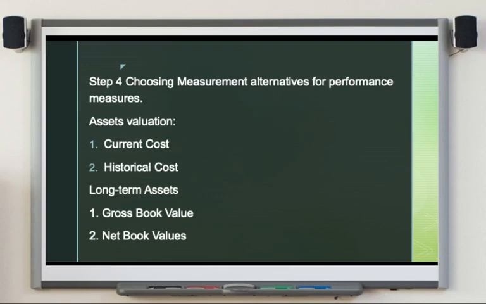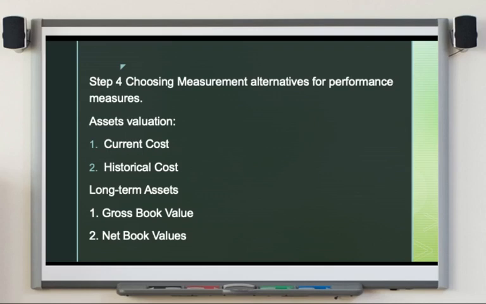This will have a significant impact on the interpretation of your computation, say for example of ROI, because when you use the current cost for your ROI, you are considering the current economic value of the investment in relation to the generated income or return as compared to its original cost or its historical cost.